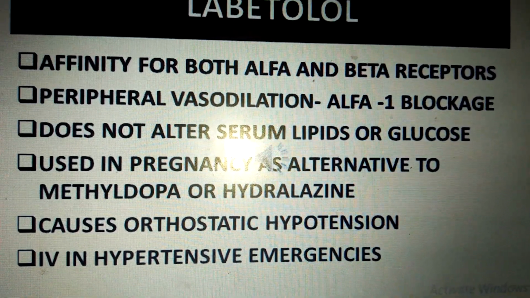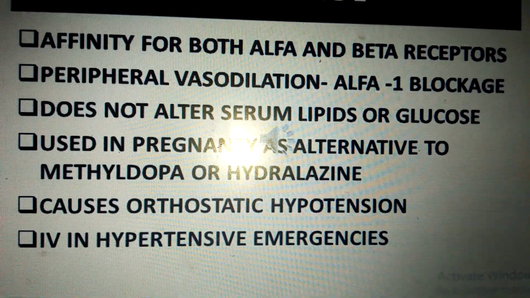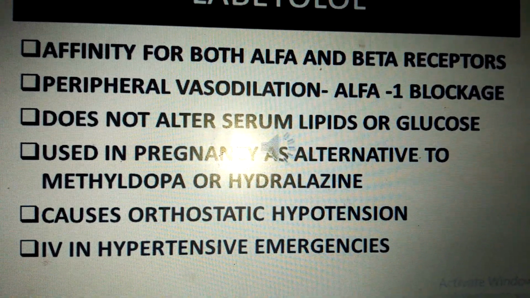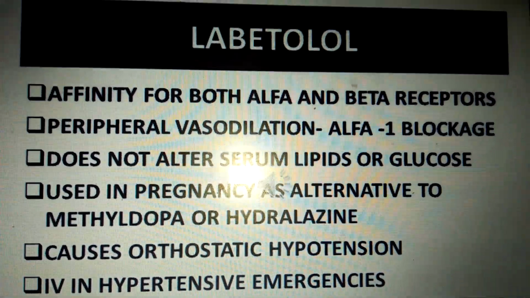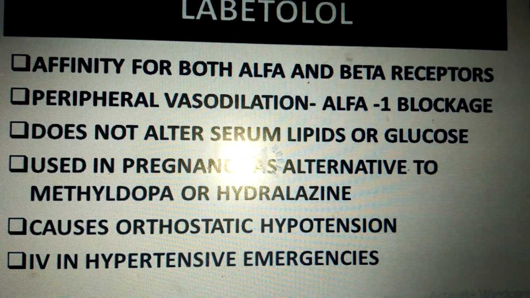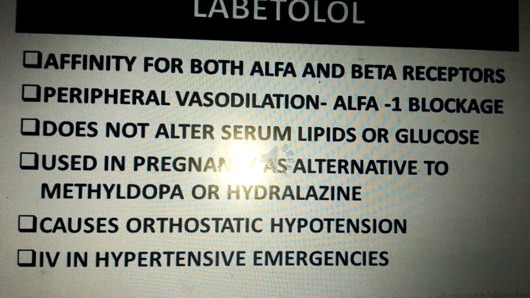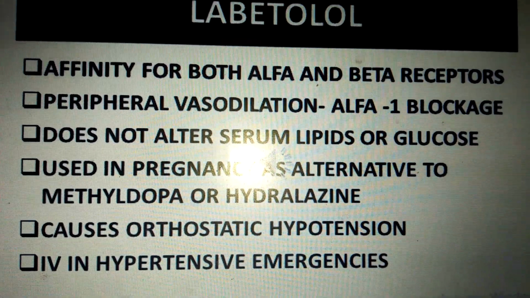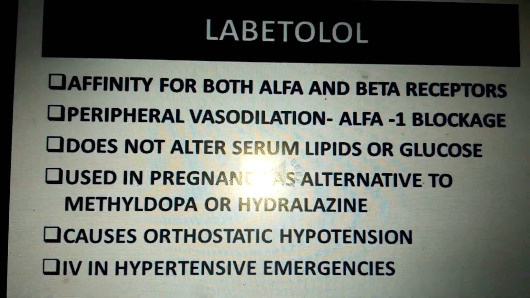The first choice could be methyldopa or hydralazine. They produce orthostatic hypotension. As I told you, beta blockers do not produce orthostatic hypotension, but labetalol does. Why? Because it also has a blocking effect on the alpha receptor. And in clinical indication, it is used in hypertensive emergencies.